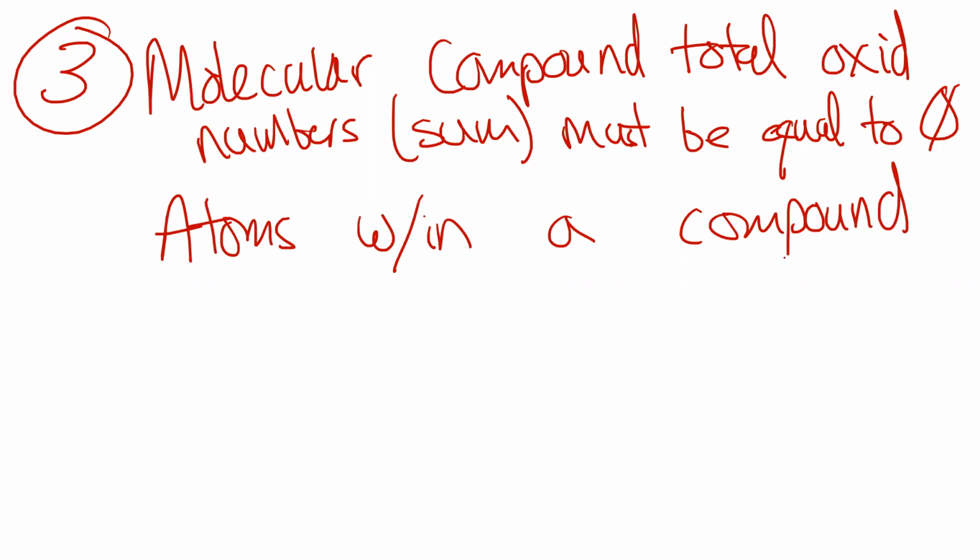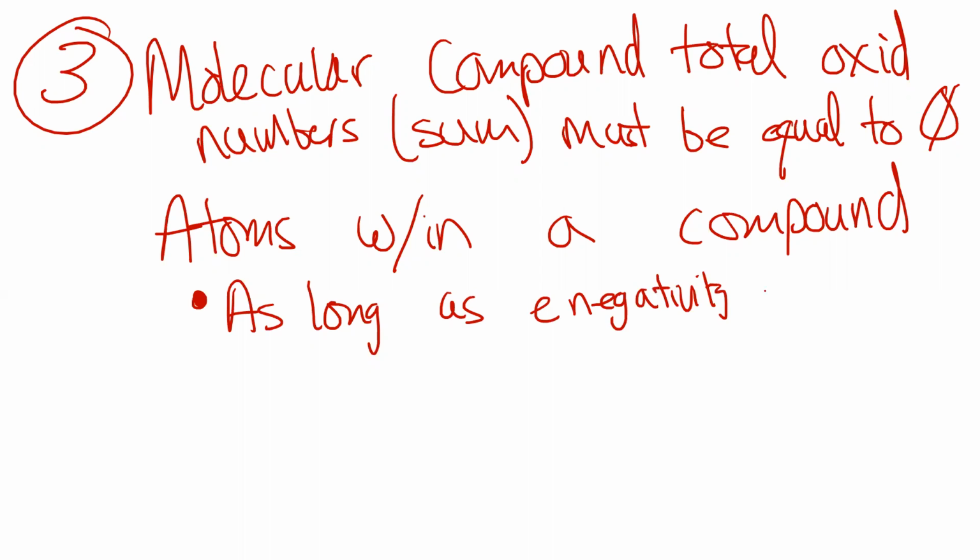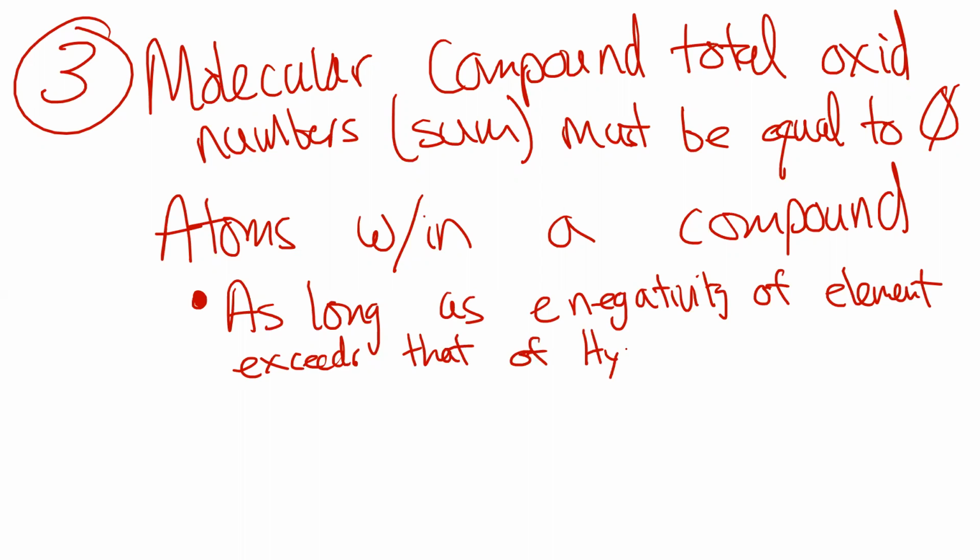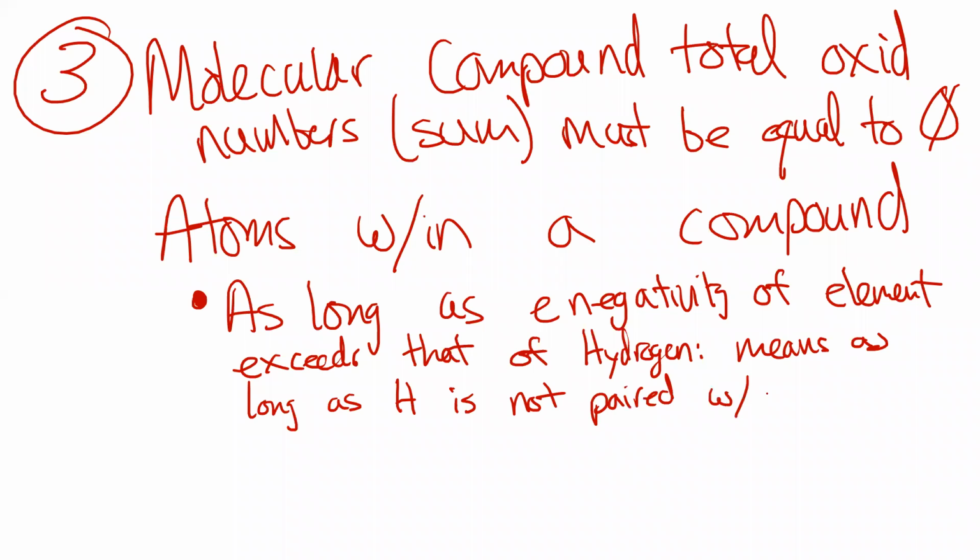In a non-elemental compound, in one that contains multiple different types of elements, as long as the electronegativity of the element exceeds that of hydrogen, which generally means as long as H is not paired with a metal, then H has an oxidation number of positive 1.